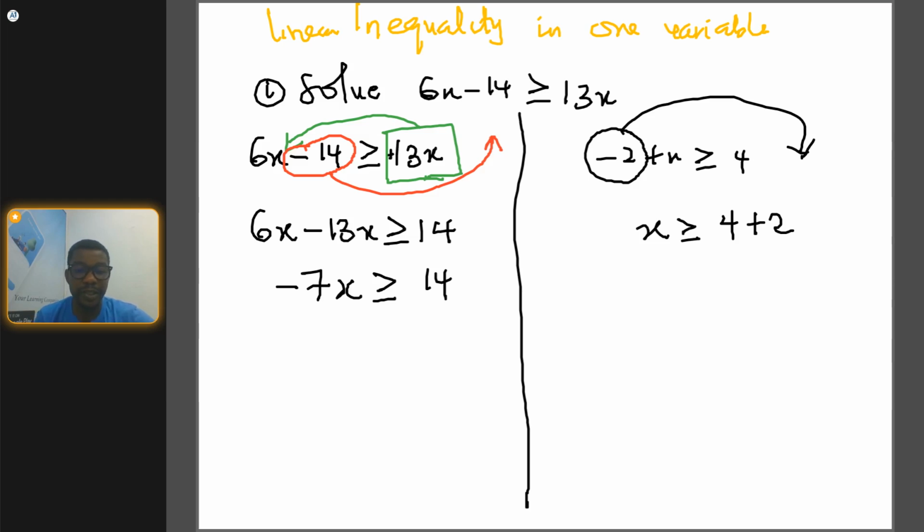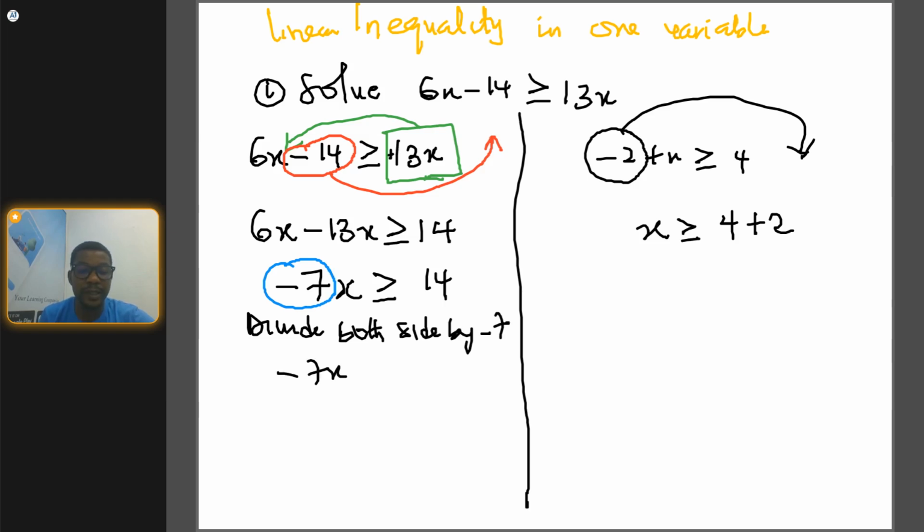we have to divide both sides by minus 7, because minus 7 is the coefficient. So we divide both sides by minus 7. So we have minus 7x over minus 7.